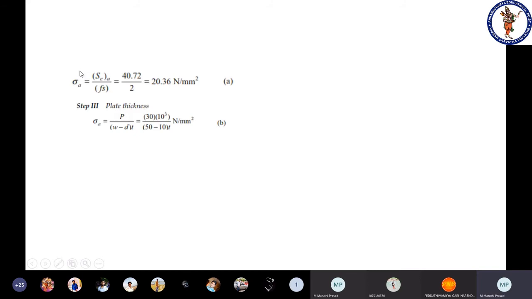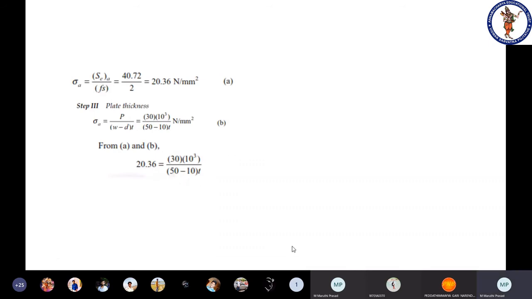So this is the stress amplitude based on the properties of the material, and this is the stress amplitude based on the dimensions. In order to avoid failure, these two should be the same. That's why we are equating these two. By equating 20.36 with this, we have only one unknown, the thickness of the plate.